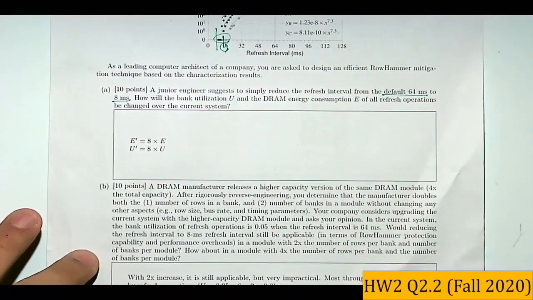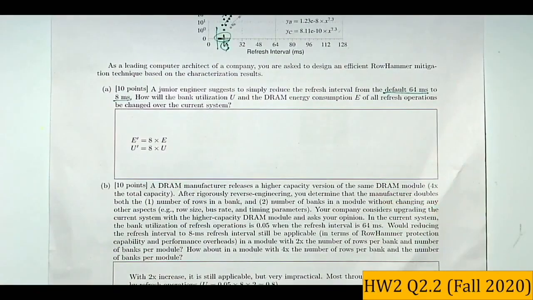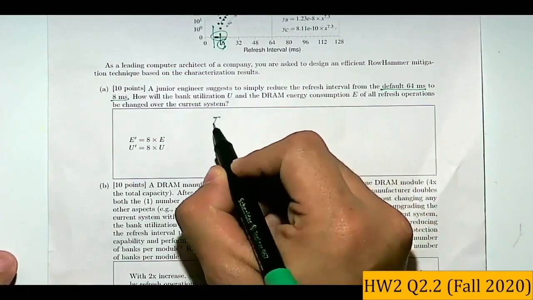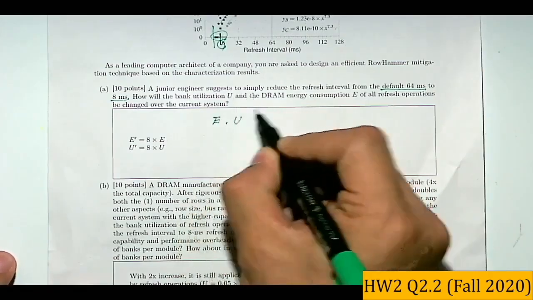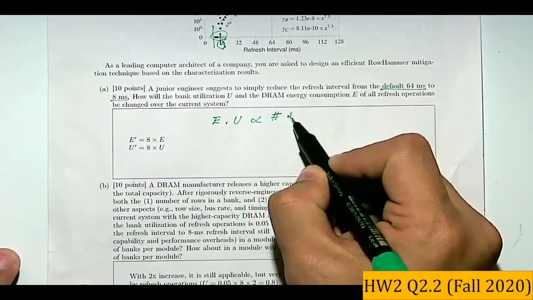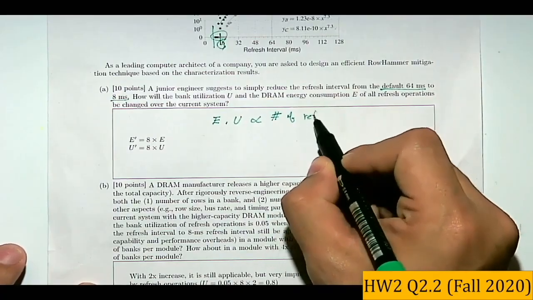And this is very straightforward: the bank utilization and the energy consumption will increase linearly along the number of refresh requests we should perform in the same time interval. So E and U increase linearly with the number of refreshes.